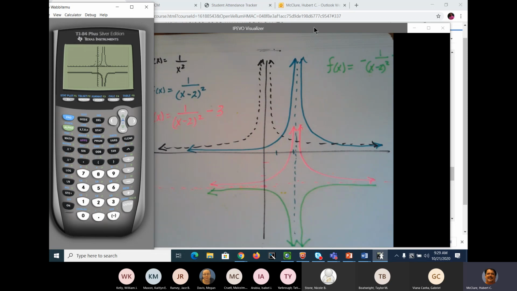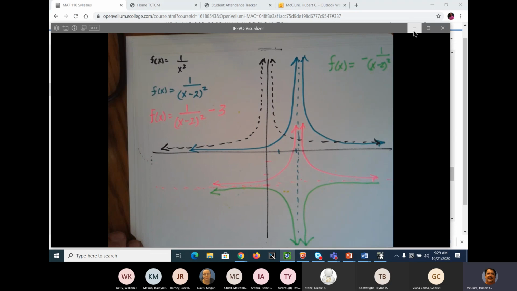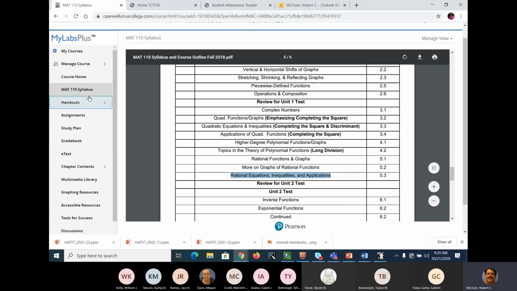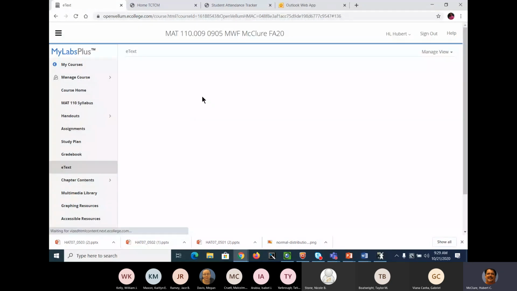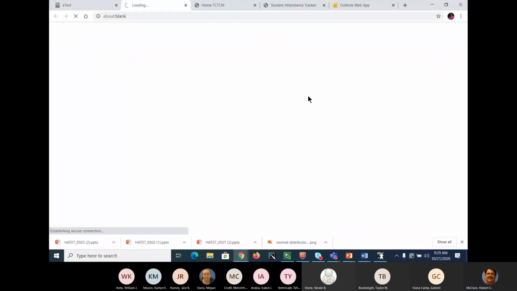Now, let me go to the book and let's get into the stuff you may not have seen before. And that is the test for vertical and horizontal asymptotes. And as soon as it comes up, we'll go over it.